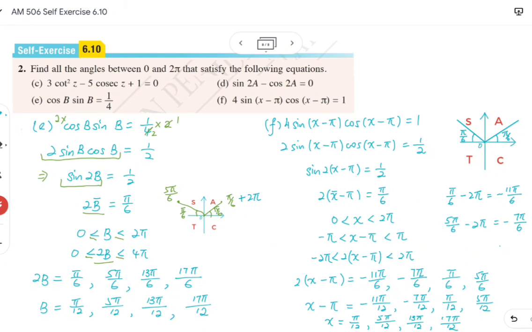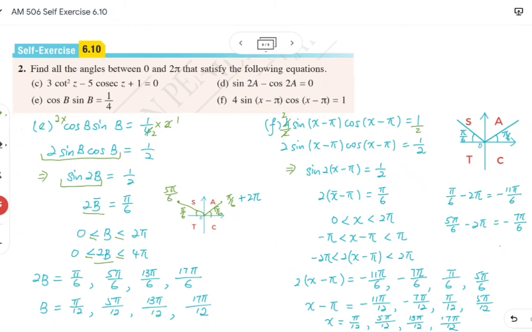So, if we need a 2 here, we divide both sides by 2, so that we get only 2 sine (x minus pi) cosine (x minus pi) equals 1 over 2. We can simplify 2 sine (x minus pi) cosine (x minus pi) as sine of 2 times (x minus pi).